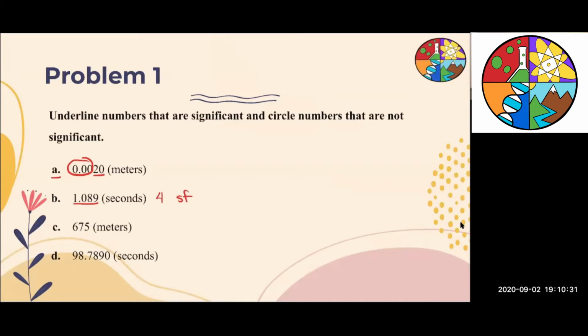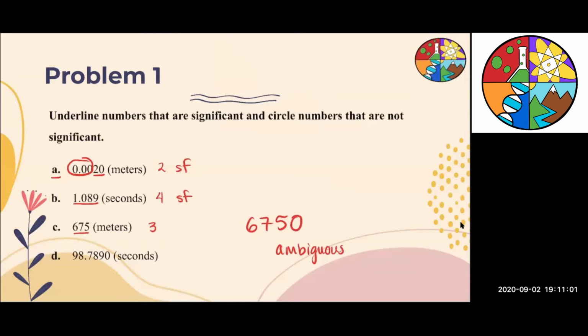If you want to tell me how many sig figs there are, you can tell me as well. So C, you have 675. Is it ambiguous? It isn't. It's not ambiguous because there isn't a 0. If I gave you 6750, this would be ambiguous.